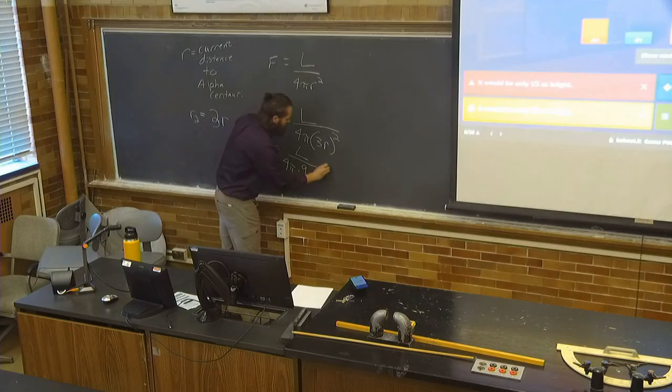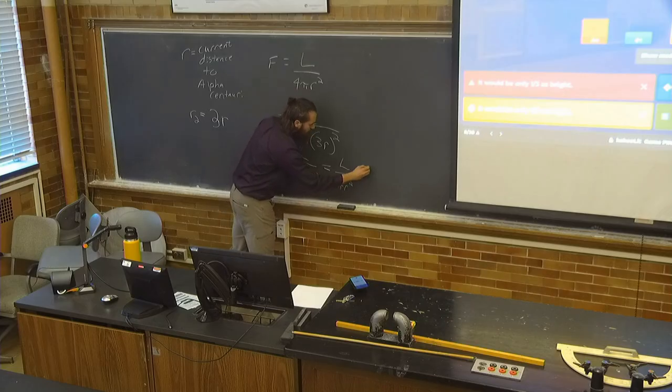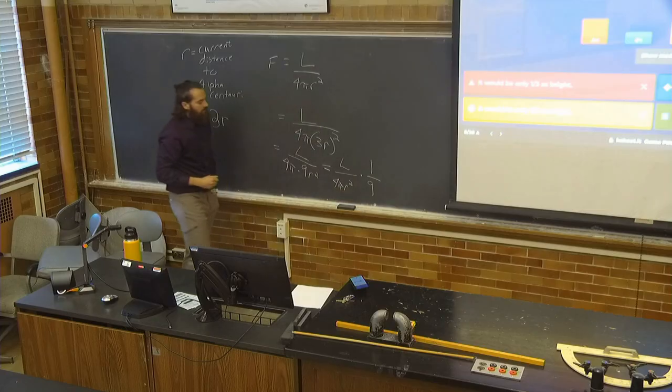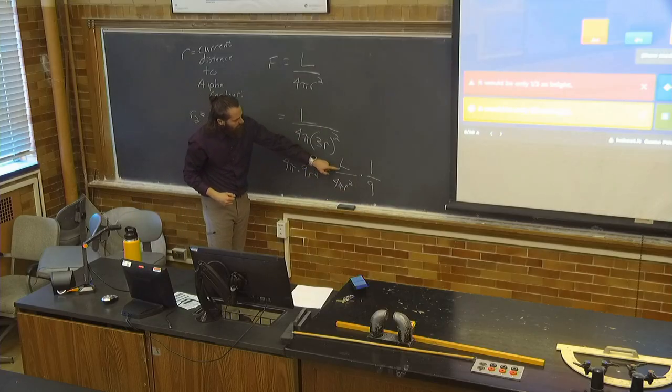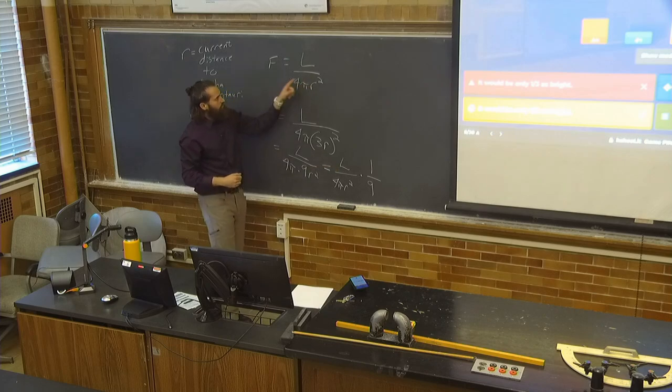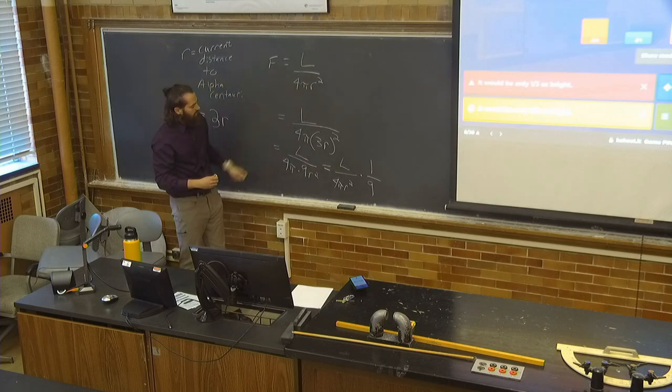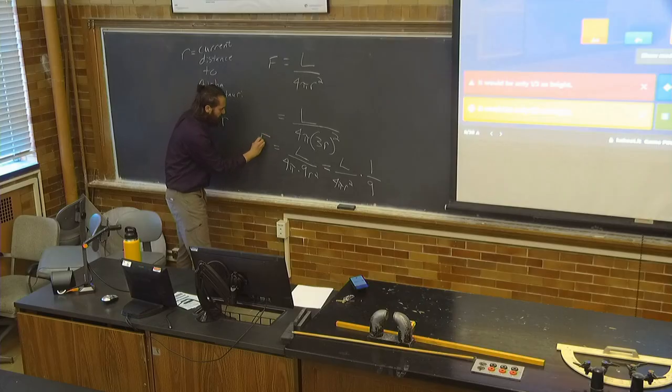And so if we factor out everything that we had before, so L over 4 pi r squared, now the only factor that's left is this 1 over 9. So this L over 4 pi r squared was our original flux, and so we'll call this F2.